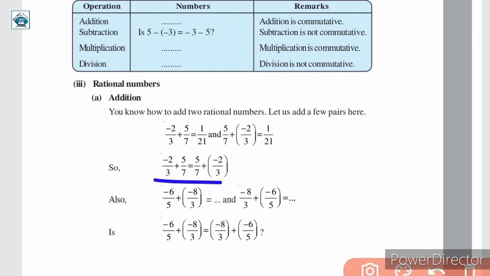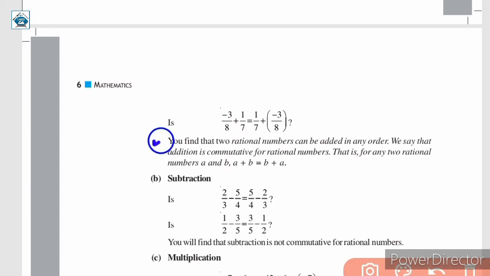You can consider some other examples as well. You can find two rational numbers can be added in any order. So for two rational numbers a and b, a plus b is equal to b plus a. That is, addition is commutative for rational numbers.